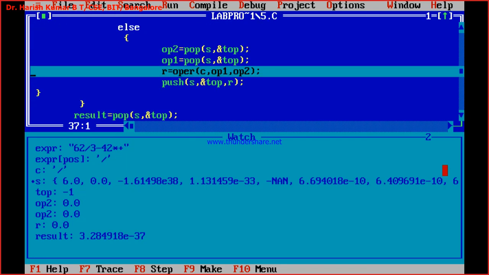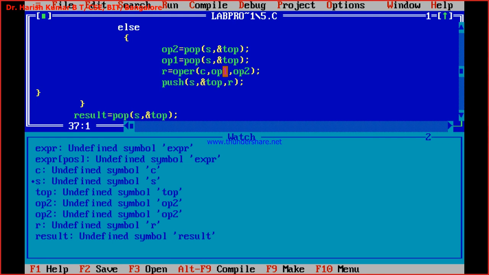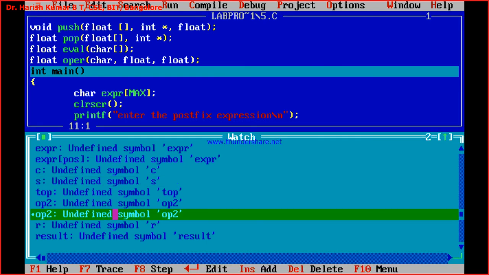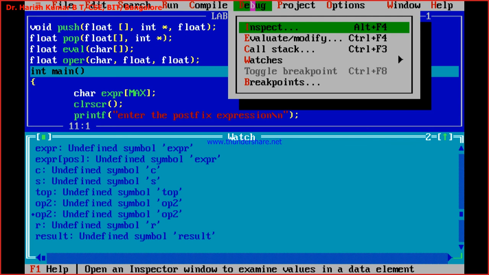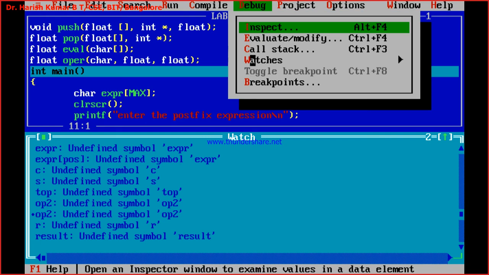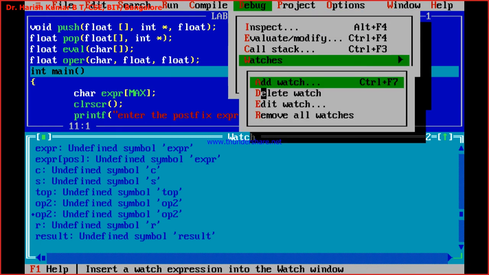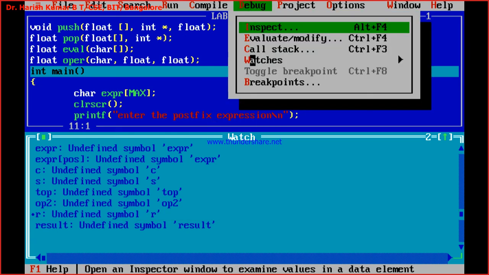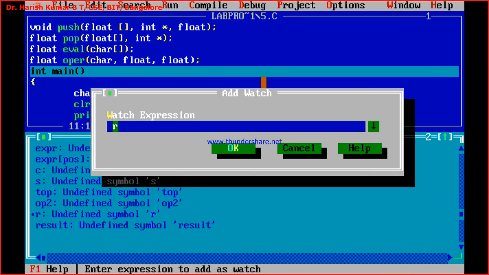so one second, let me do Control F9 again. So this OP2 2 times I have added. Let me remove this. And add OP1.